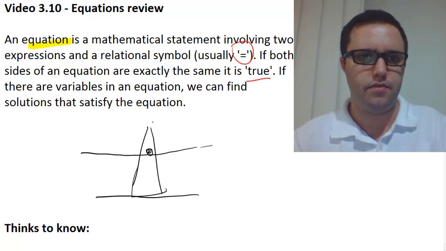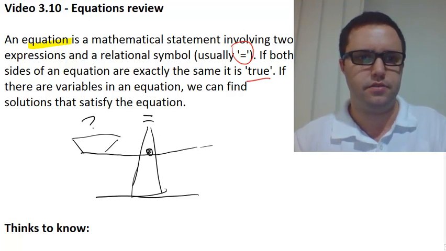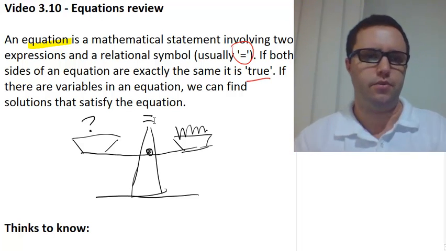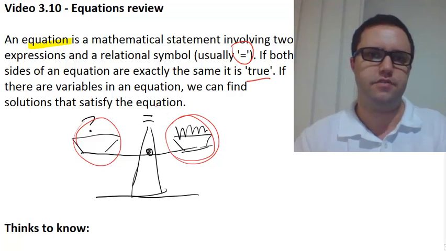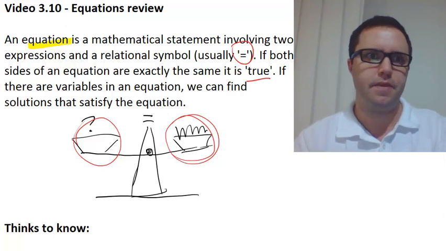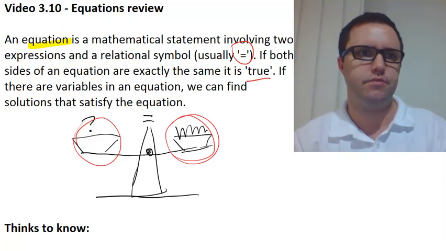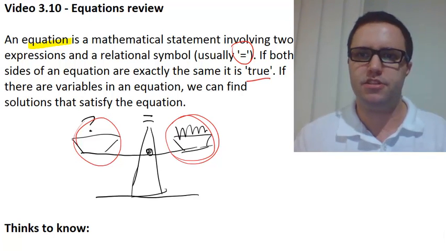Let's just say we've got the equal sign in here, and the stuff on this side and the stuff on this side are exactly the same. Whenever we do things in algebra, whatever is done on this side gets done to this side, because we're always going to have both sides being the same. Obviously we're going to be looking at untrue and true statements in this video, but once we move on from that, we're going to be keeping this idea of things being the same on both sides.